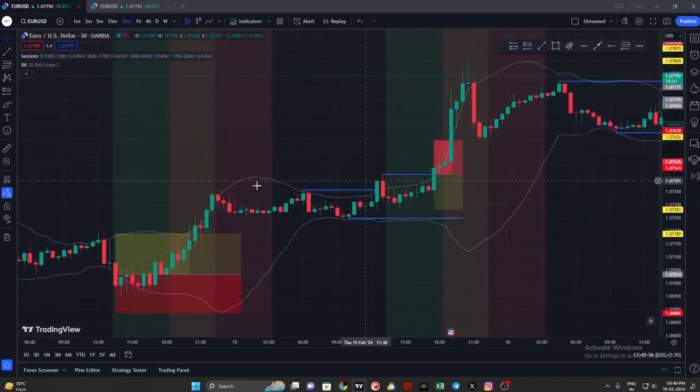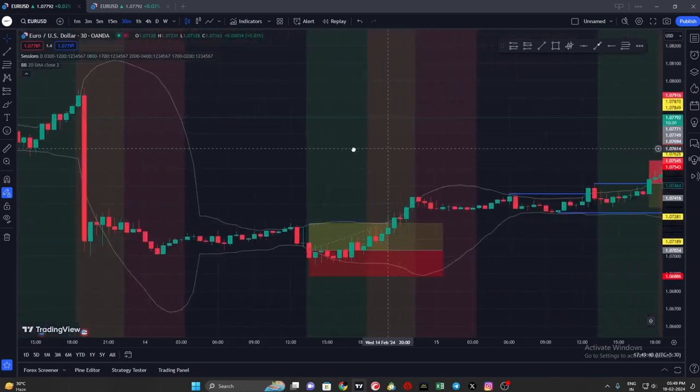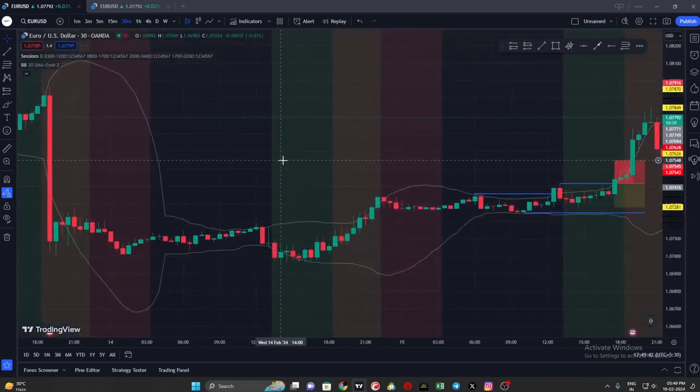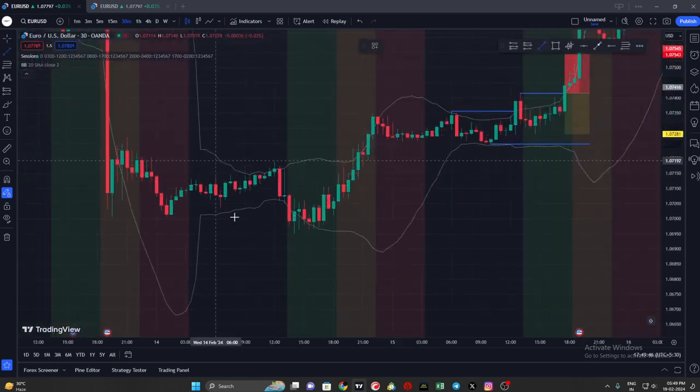Let's move on. On the next day, I marked it out previously, but that's not a problem. This is the Asian session. Let's mark out the buy side and sell side liquidity. Here you can see very clearly that whenever the market started in the London session, price tapped in the liquidity.